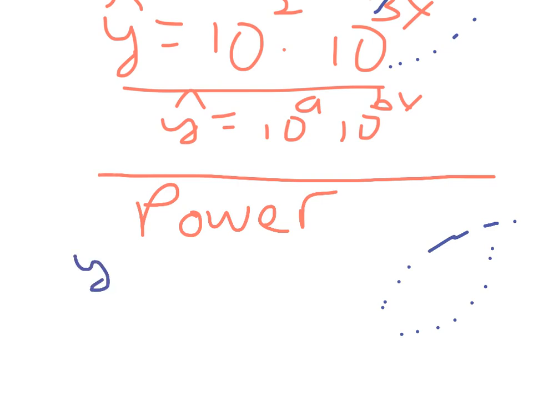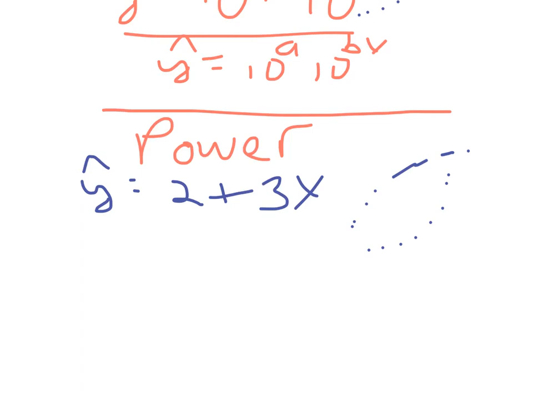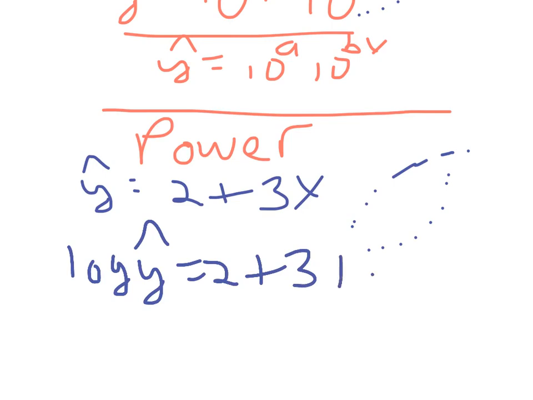So if your y hat was sitting at 2 plus 3x again, I need you to realize where it came from. It came from logging both the x and the y. Logging y equals 2 plus 3, logging the x's. So if we do power, we're going to log list 1 and we're going to log list 2. That's going to be the new data.